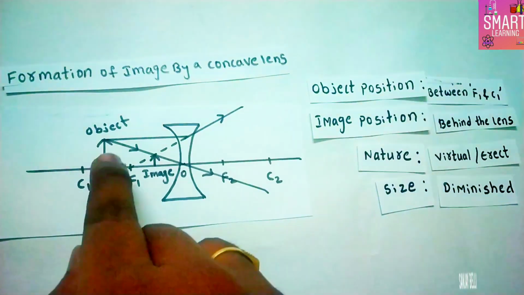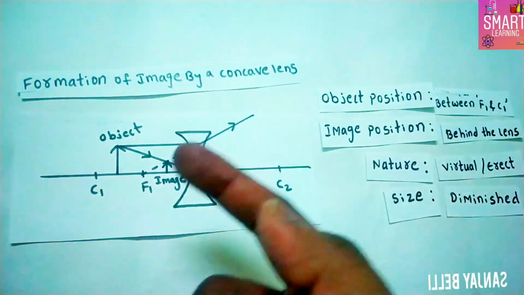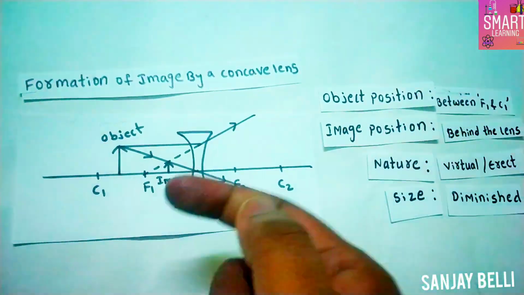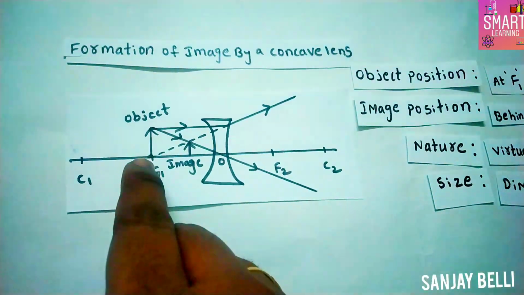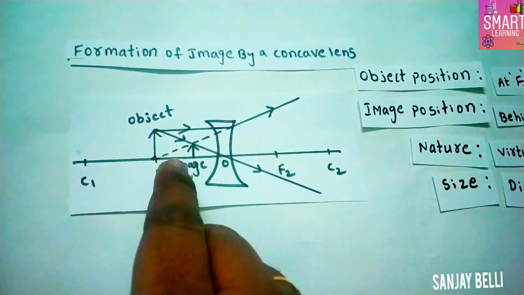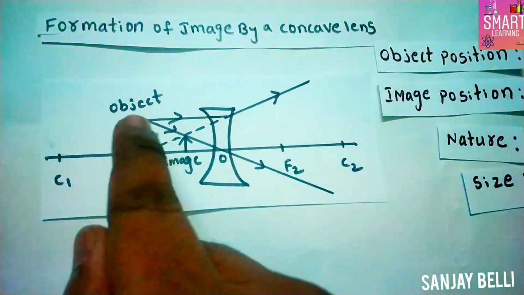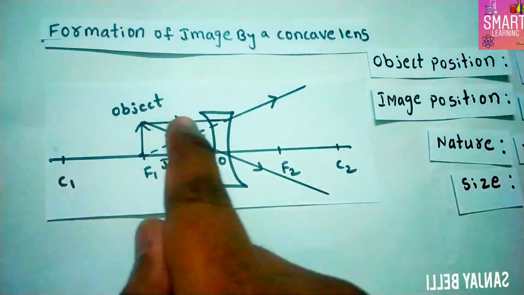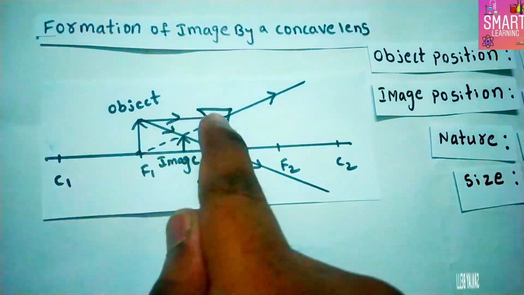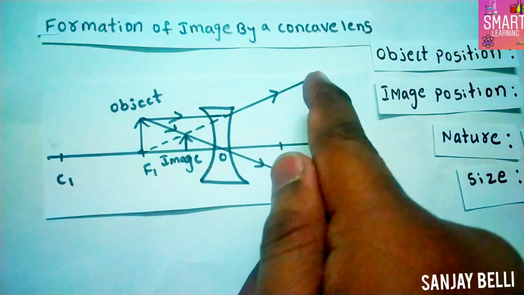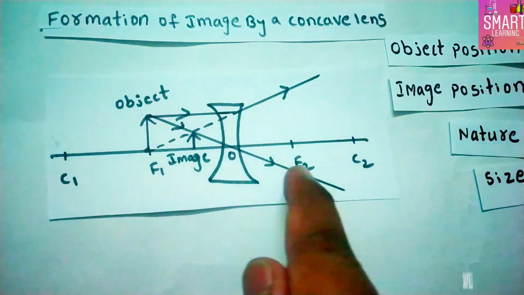Now we can see if I place an object on F, where we get the image and its nature and size. I placed an object on F, and I still got an image between O and F. Here you see I used the same rules, rule 1, parallel to the principal axis passes through the focal point, and rule 3, passes through the optic center.